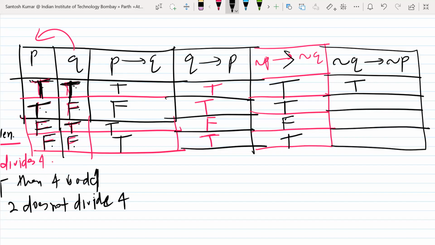True implies false, false. False implies true, true. And then true implies true, true. So you consider these two.